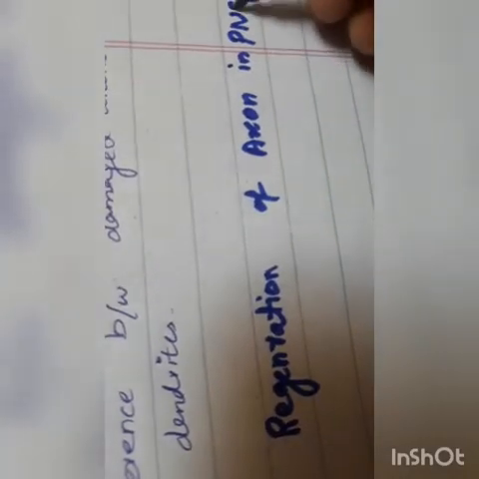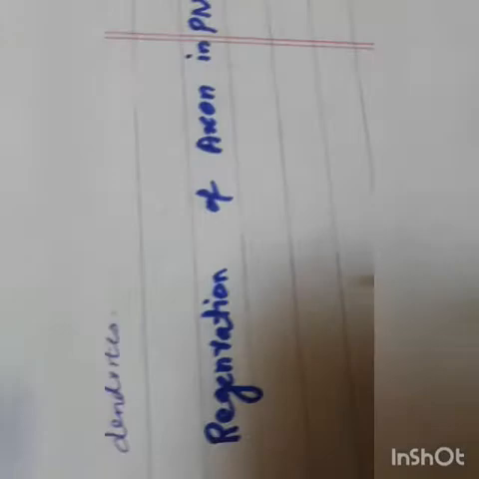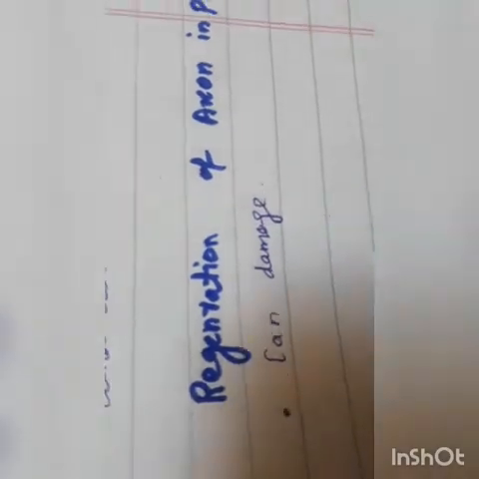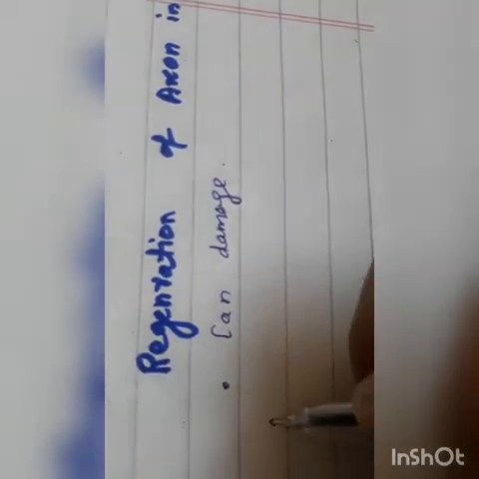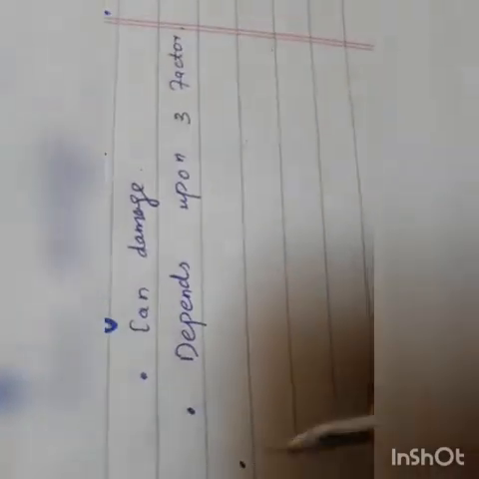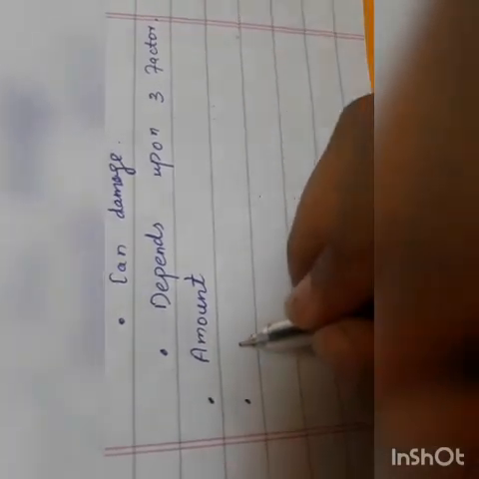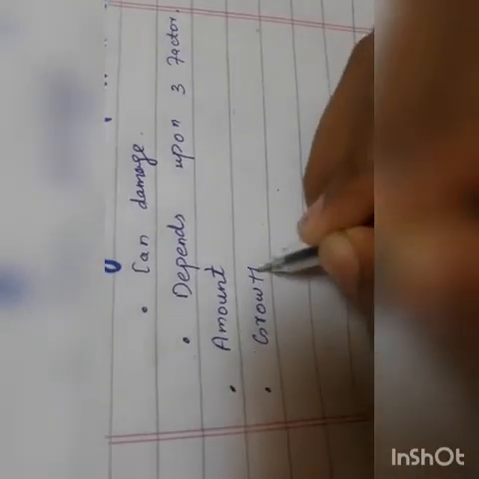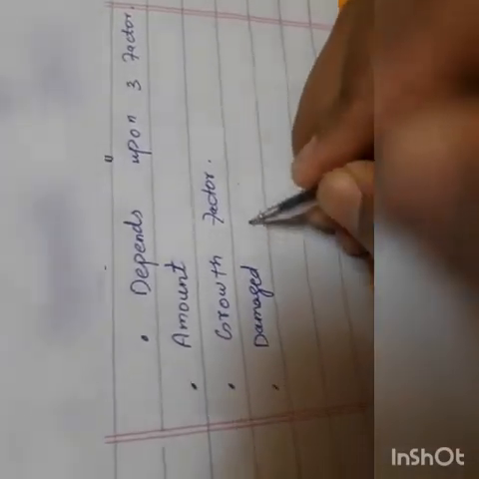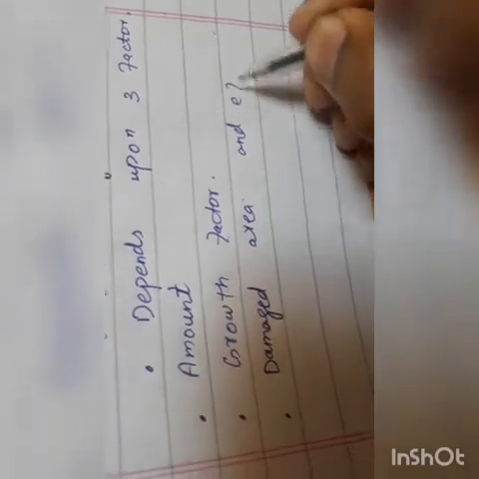An axon in the PNS is vulnerable to cuts and can be damaged. Regeneration in the peripheral nervous system depends upon three factors: first, the amount of damage; second, growth factors; and third, the distance between the damaged area and the effector region.